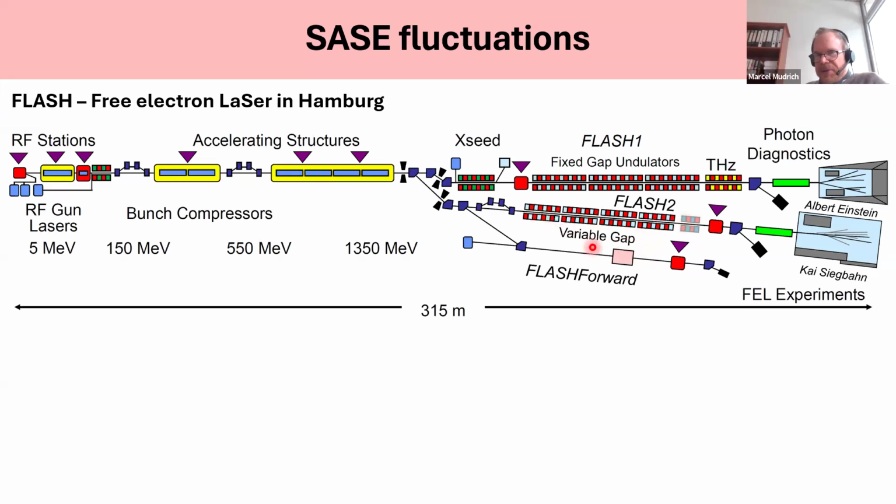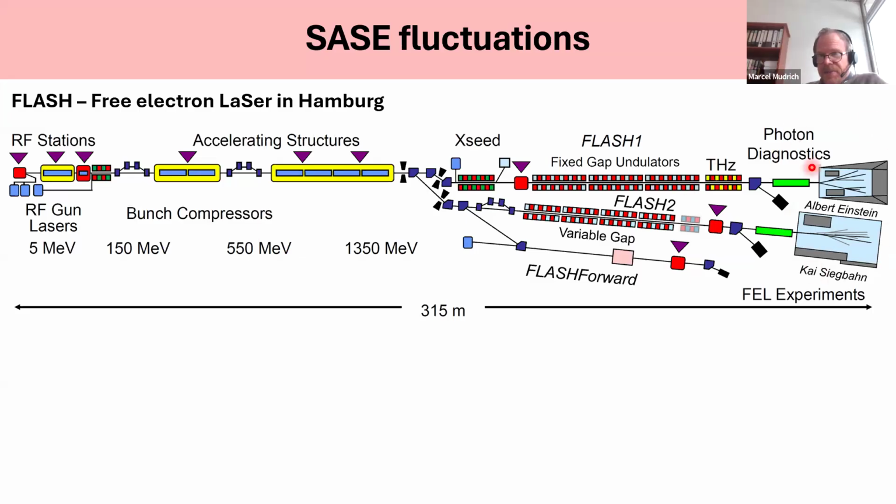By varying the gap, we can control the magnetic field, and by the magnetic field, we can control the spectrum, the gain spectrum of the undulator. Whereas in FLASH 1, this is a fixed gap, so there's very little control of the wavelength or the color of the laser pulses that can be used here.